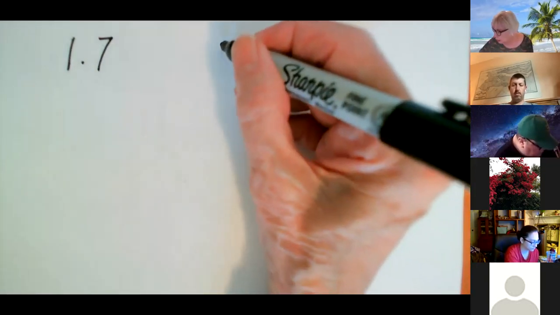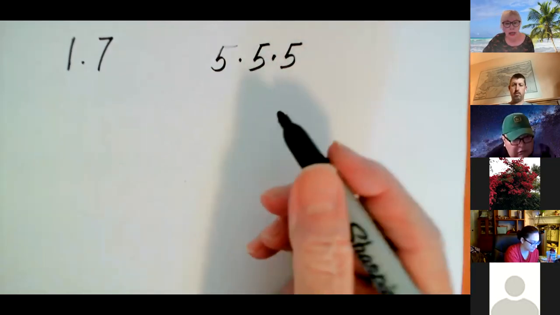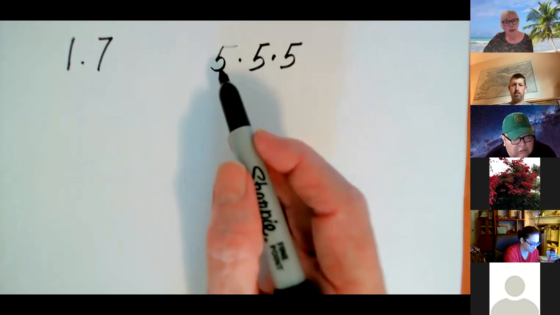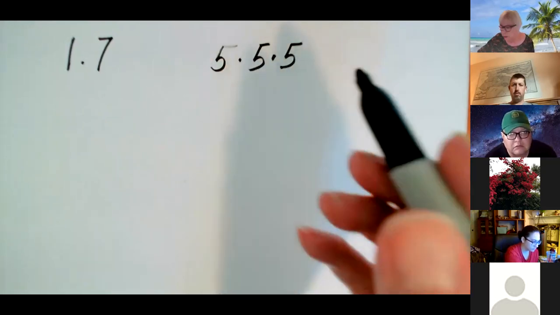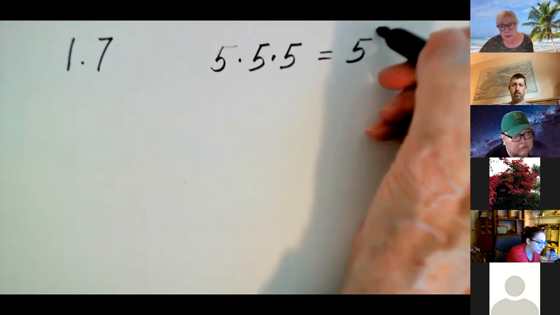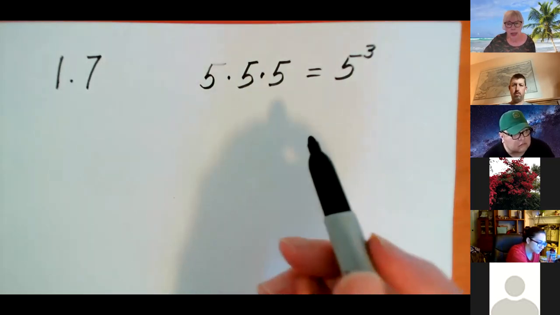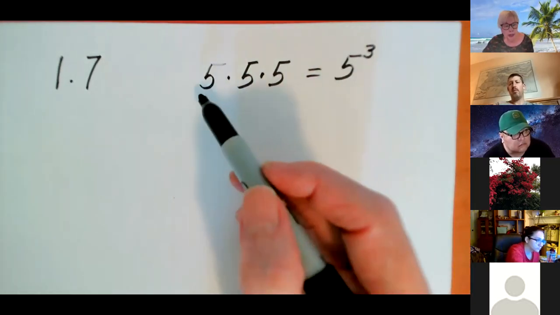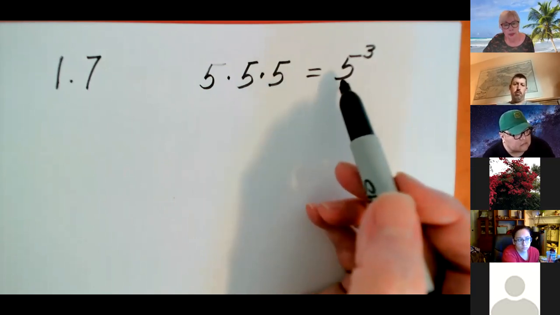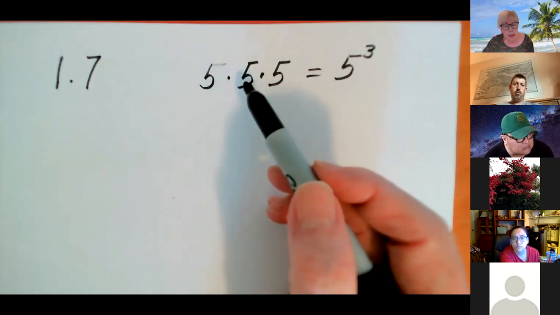And so when you keep multiplying the same number over and over again, so this is 5 times 5 times 5. As an exponent, it would be 5 to the third power. And so this is just a shorthand way to say the exact same thing. Many times when it's something like this, they want you to actually compute it and come up with an answer.